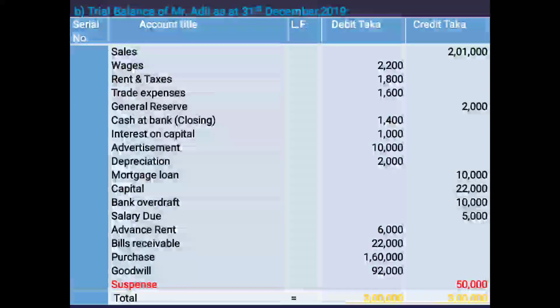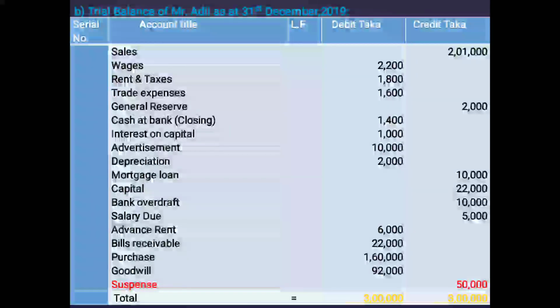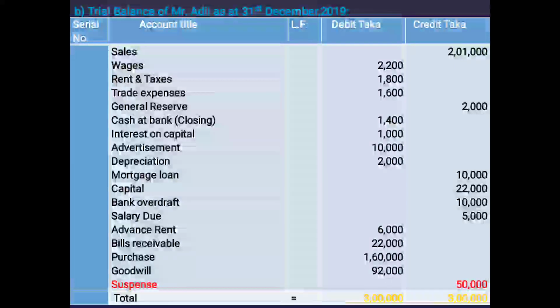Now all balances are shown in the trial balance, but the debit side of the trial balance amounts to taka 3 lakh, while the credit side is taka 2,50,000. So in this trial balance the two sides do not agree.